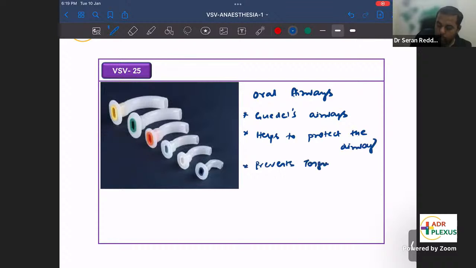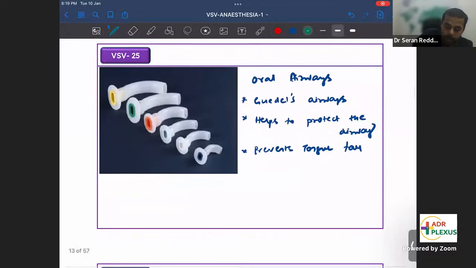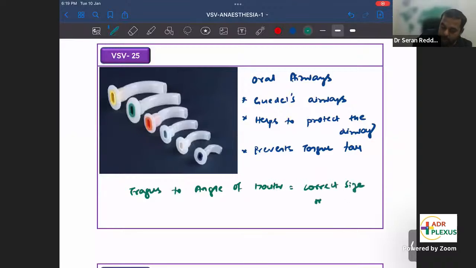How do you measure the correct size of the airway? The distance from the tragus to the angle of the mouth gives the correct size measurement.